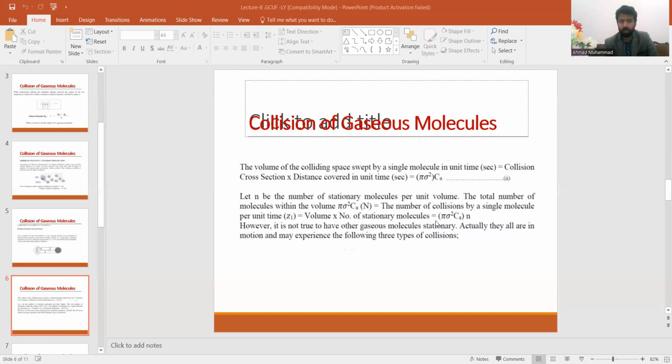Volume is pi sigma square Ca, and n is the number of stationary molecules. However, it is not the case that other gas molecules are stationary. Actually, they are all in motion.